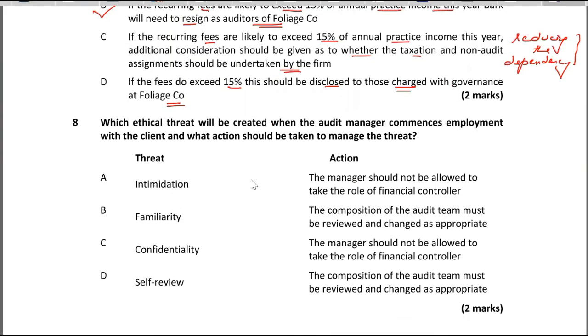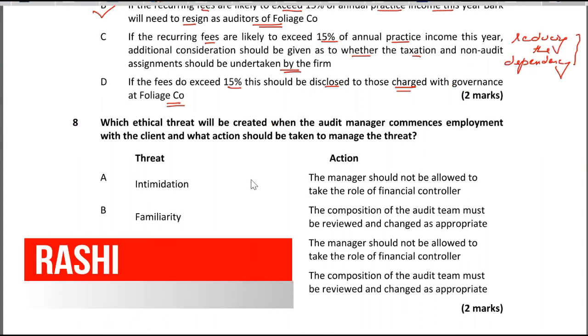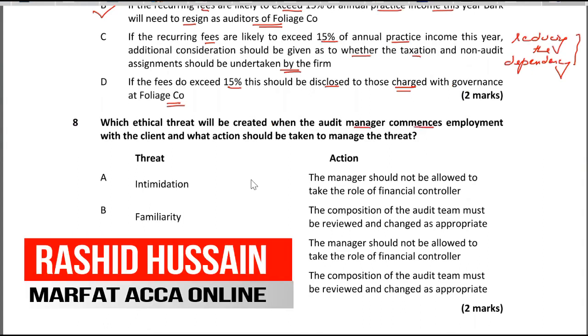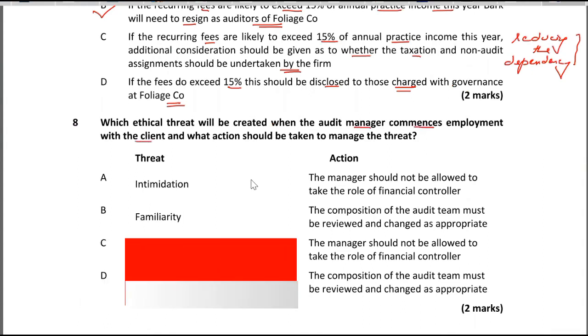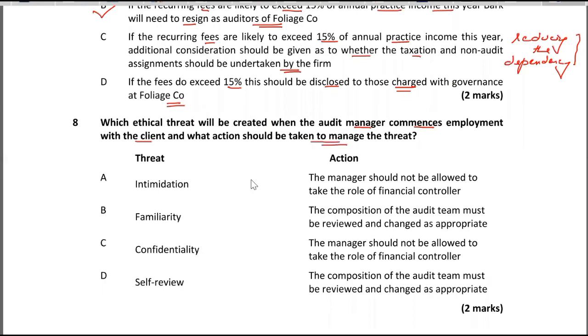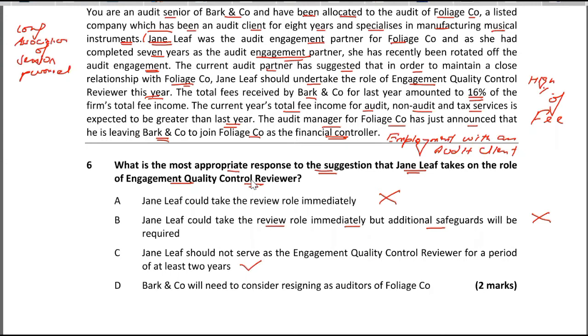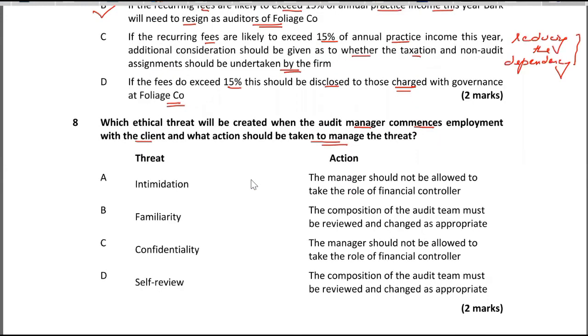All right, which ethical threat will be created when the audit manager commences employment with the audit client, and what action should be taken to manage the threat? Now, probably you remember that the audit manager is now going to the client and will be acting as a financial controller over there.